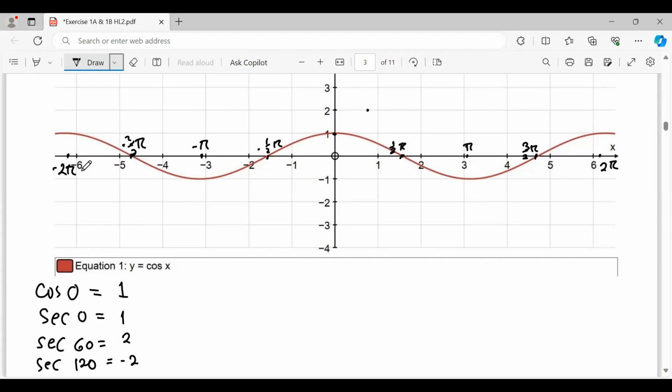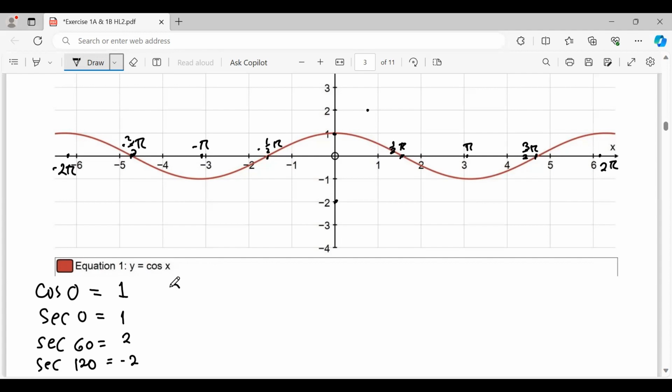Okay. The interval from negative 2 pi to 2 pi. Right. So secant 120 equals negative 2. If this is 90, it means 120 is around here, and negative 2 is here. Okay, let's say we are going to sketch now.